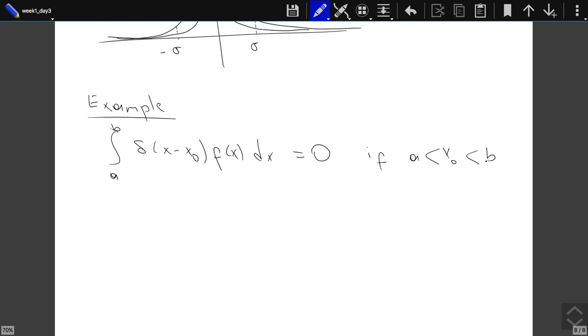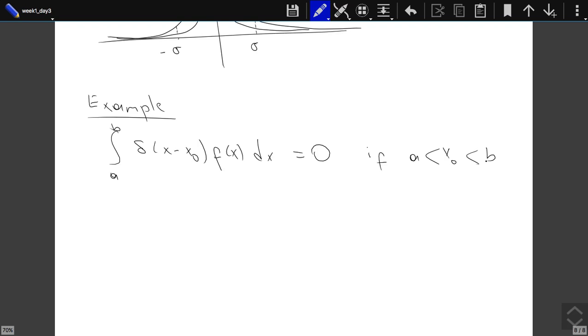But that means x minus x0 is always positive. If x minus x0 is always positive, then the argument of the Dirac delta is always non-zero. But that means the value of the Dirac delta is always 0 in that interval. So basically, this integral just is 0.